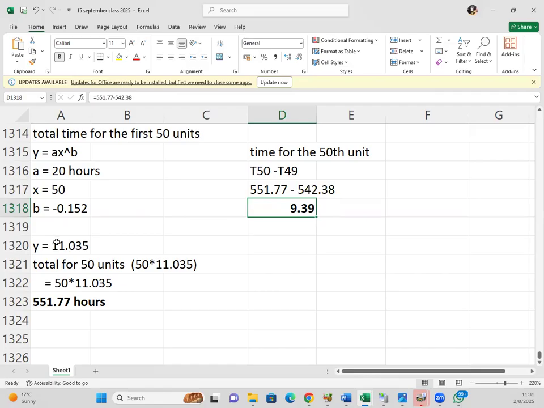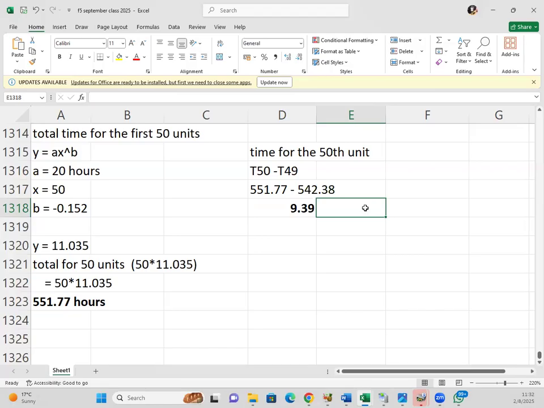11.035 is the average. We are saying we have produced the 50 units, but what is the average time per unit from the first unit? But this one is just calculating the time that we took to produce the 50th unit. So Y is the average, but the 9.39 is the actual time that we took to produce the 50th unit.